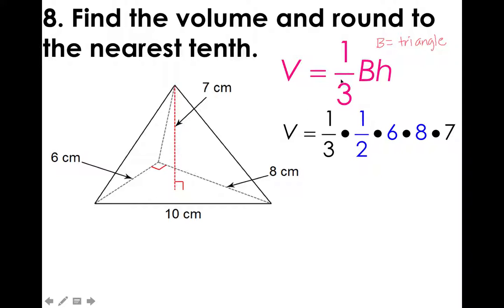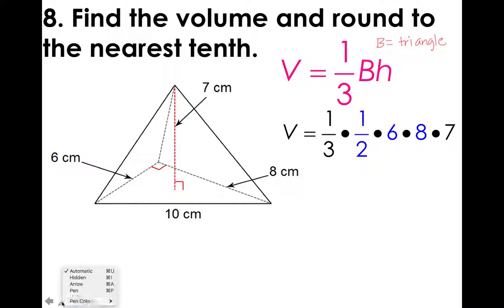We still have to put that 1/3. But now, since our base is a triangle, I have to use the triangle formula, which is 1/2 times 6 times 8 times 7. Or I could have done 6 times 8 divided by 2 times 7. Either way, you still would have come out with the same answer.